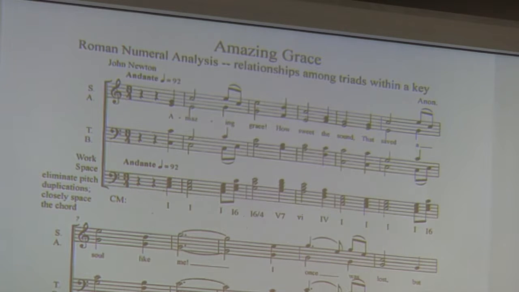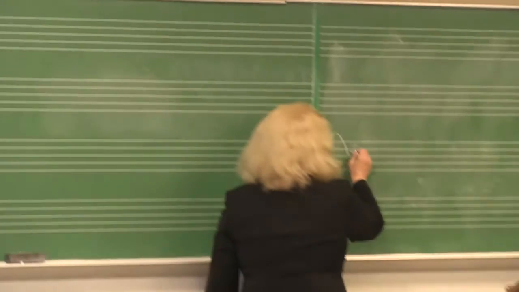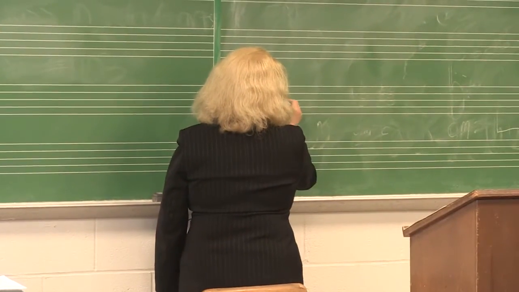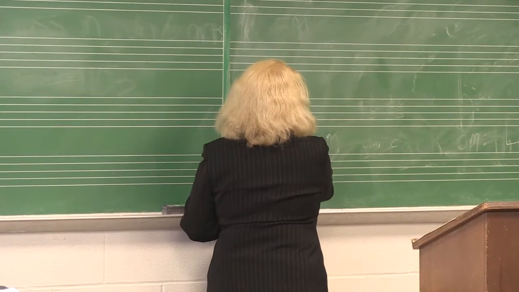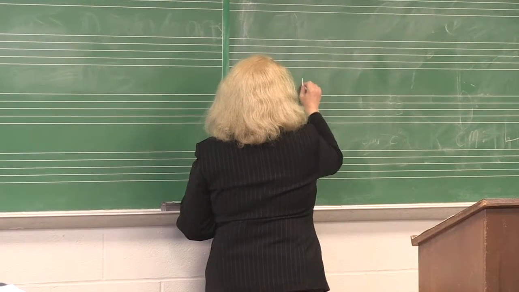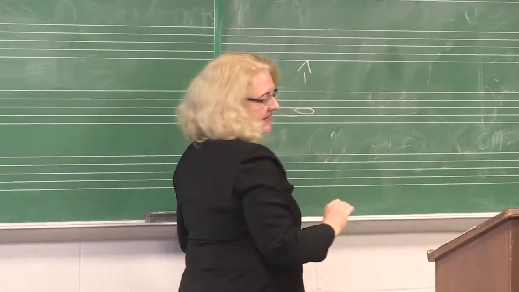Let's go back to the board and let's go back to our bass clef and let's go back to C major. This is a C, right? The first scale degree.